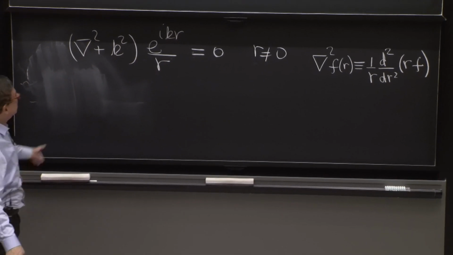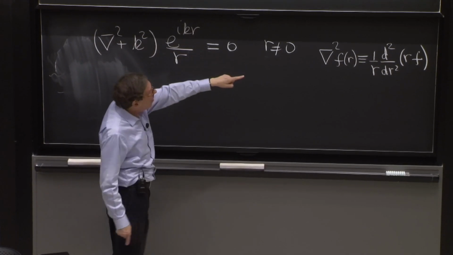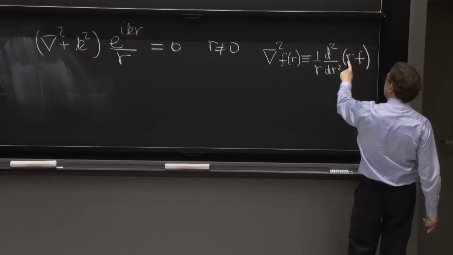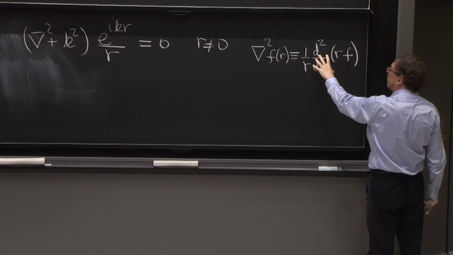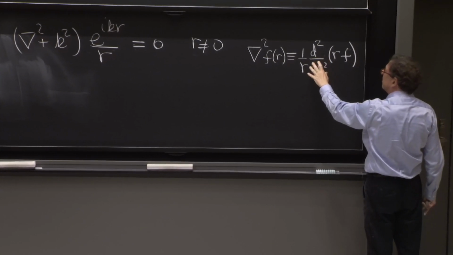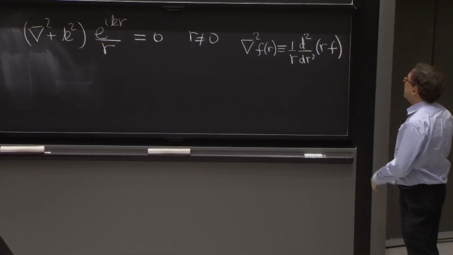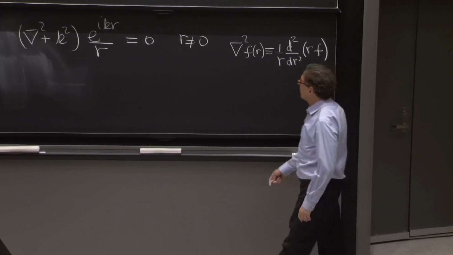But with this function, it becomes a one-line calculation. And the r here is just fantastic because by the time you multiply by r, this function is just exponential. You take two derivatives, you get minus k squared, and then the r gets canceled as well, and everything works beautifully here.